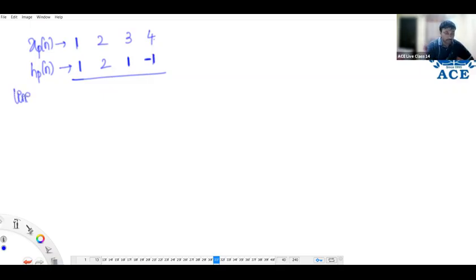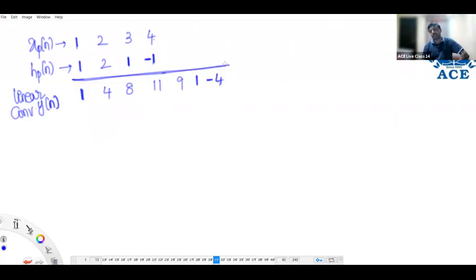After verifying that point, get the linear convolution answer by using the sum by column method. We got the answer as this one, already we know. You can cross check your notes. After verifying the periodicity, get the ordinary convolution answer, which we got as this result.